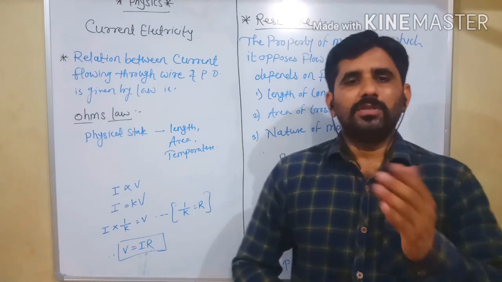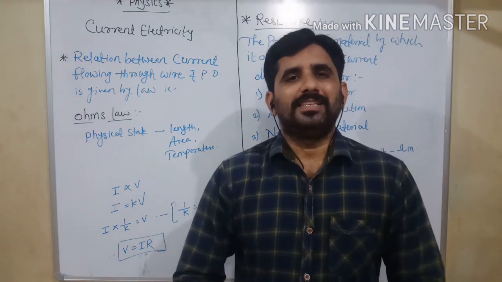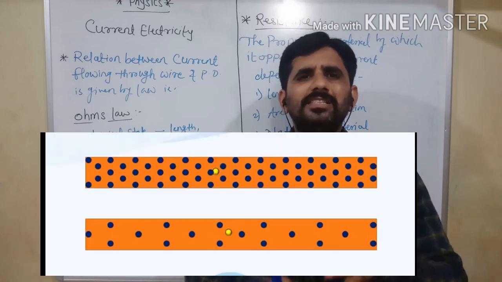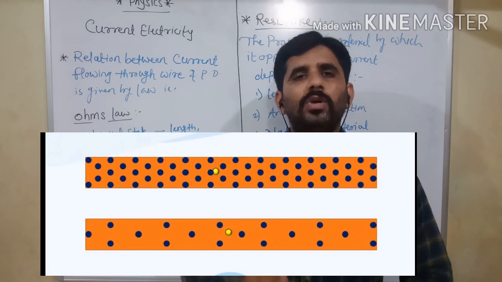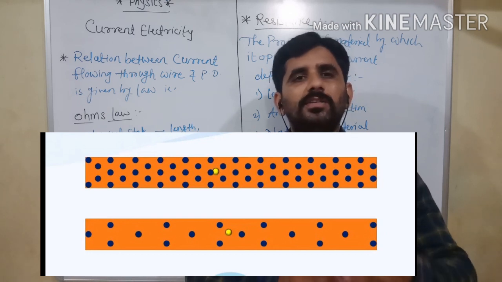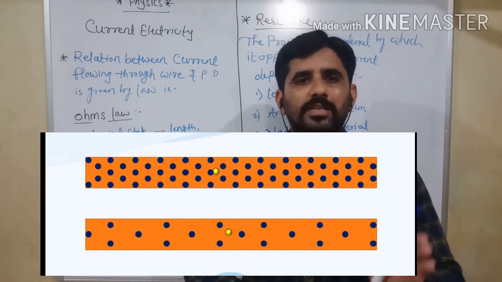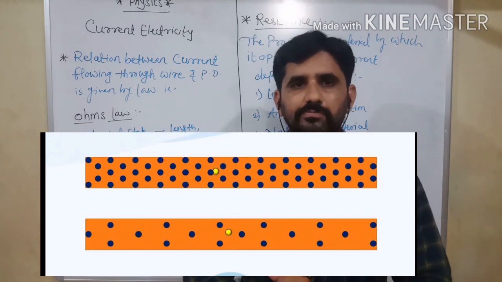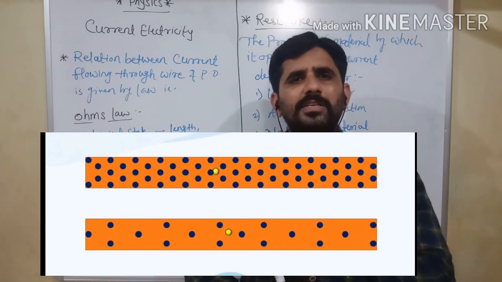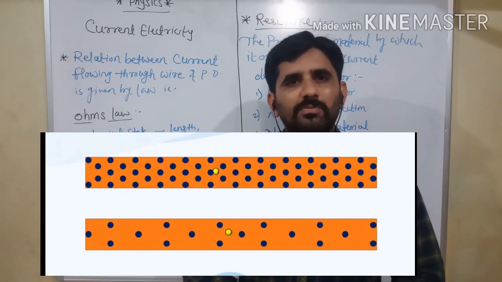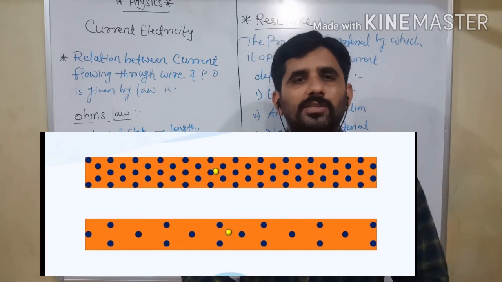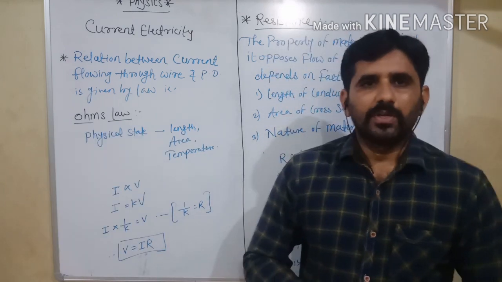The third factor is the material. If the materials are different, the electrons flowing will suffer different types of resistance, so different materials have different resistance, and it is also a factor.